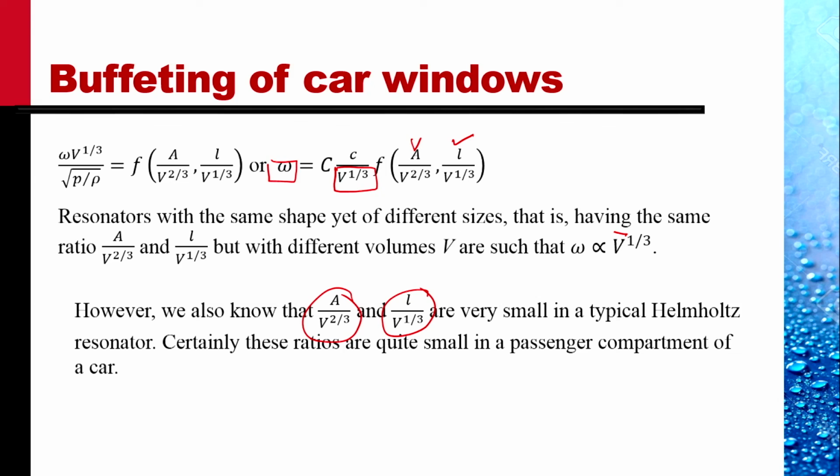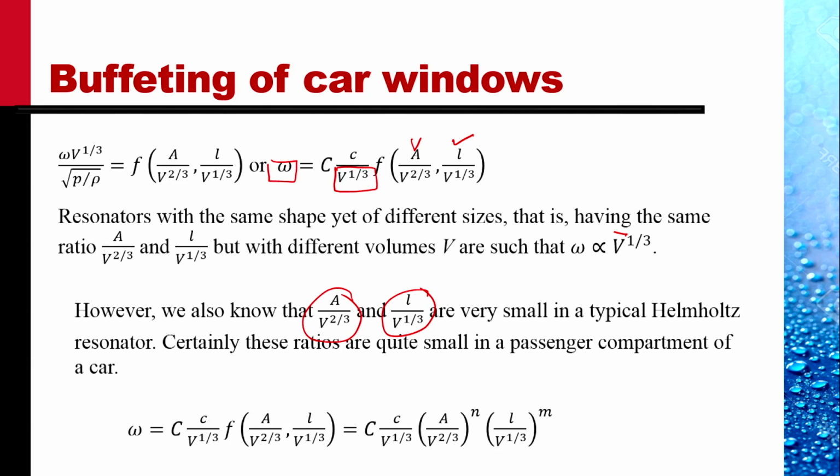The area of the window and the thickness of the window opening are much smaller than the volume of the car raised to power 1/3 or 2/3. So these two parameters tend to be very small. And so we can write omega in this form according to the discussion that we had previously.